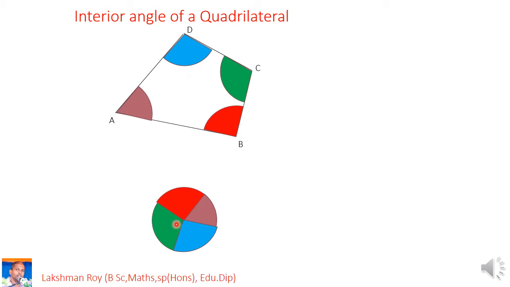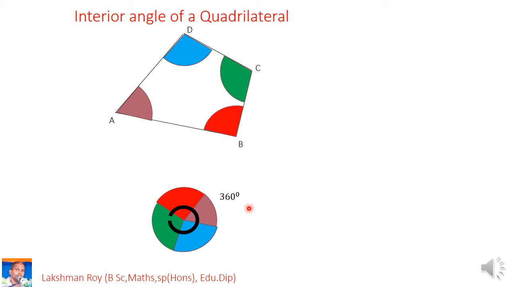Angle around the point covered. So if you take the sum of these 1, 2, 3, 4 angles, you get this whole angle. That means this is the point. This whole angle, angle around the point, is 360 degrees. So what you can learn is, if you add these four angles, you get 360 degrees.